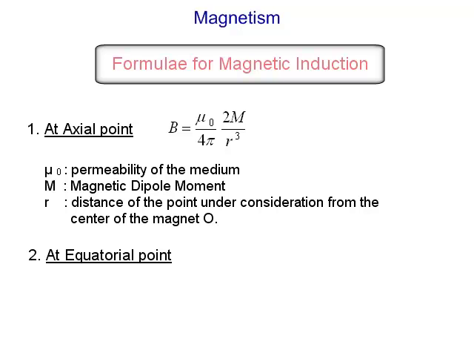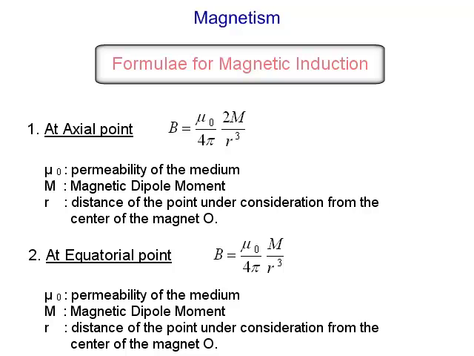Similarly, in 11th standard we got the formula for magnetic induction at an equatorial point. On the equatorial line, if a point is at distance r from the center of a magnet of dipole moment M, then the magnetic induction at that point is given by B equals mu naught upon 4 pi into M upon r cube.